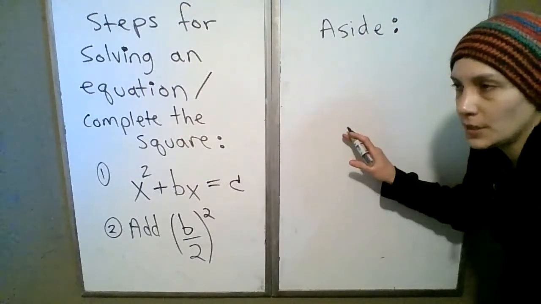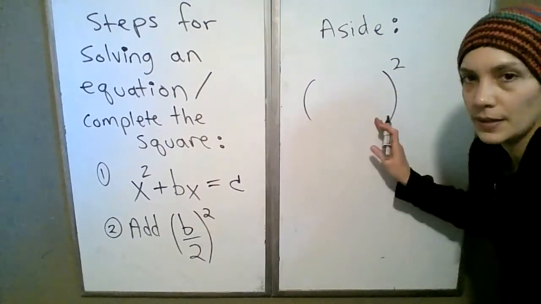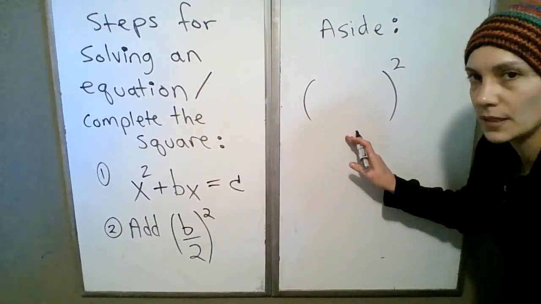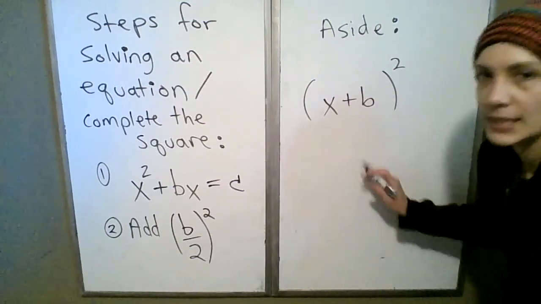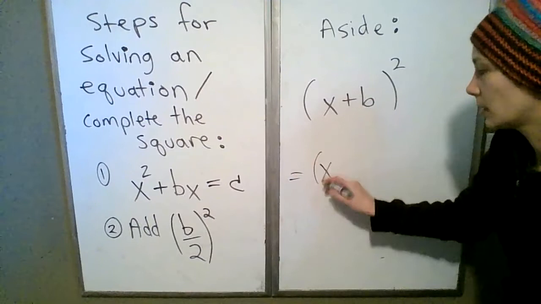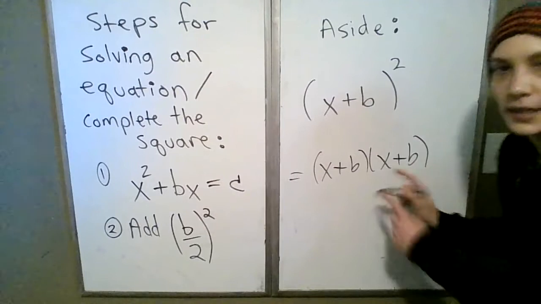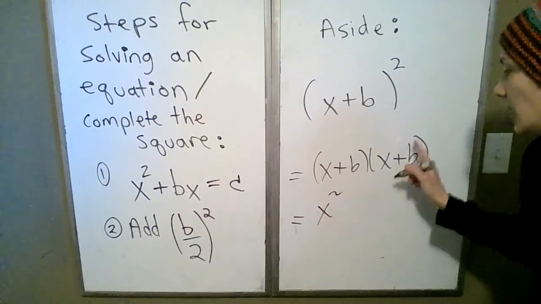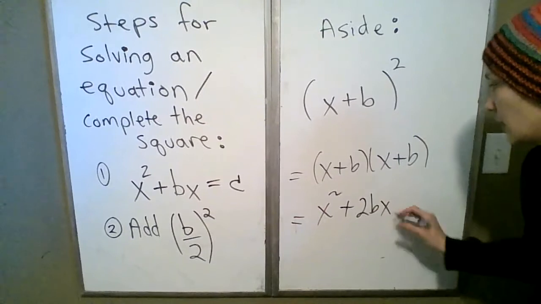So the idea for completing the square is you have some value and it's squared. Let's go with x plus b squared. I think this should lead us to the right. Okay, FOIL. X squared plus 2bx plus b squared.